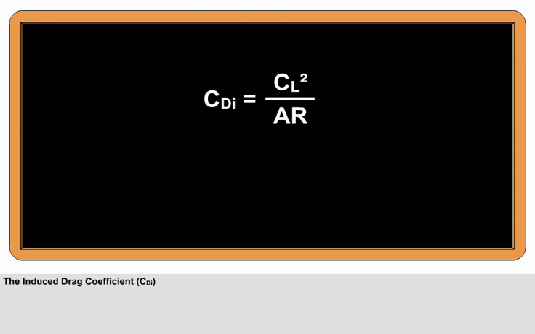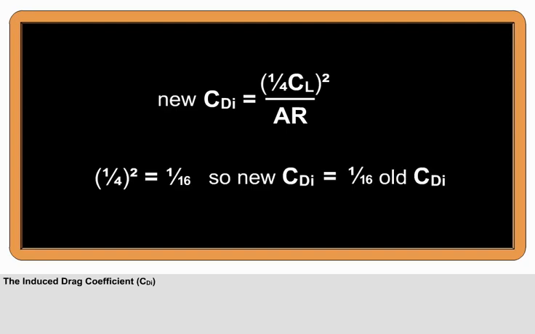If we apply 1/4 of the previous CL to the CDI formula, then the new CDI equals (1/4 CL) squared over AR. And as AR is constant, CDI equals 1/4 squared, or 1/16 of the previous CDI.